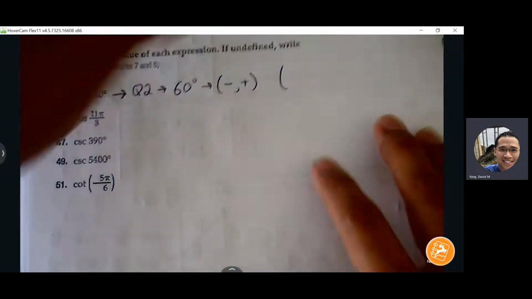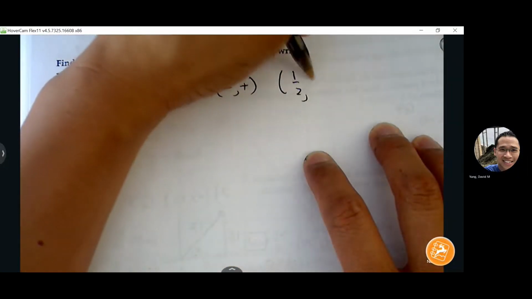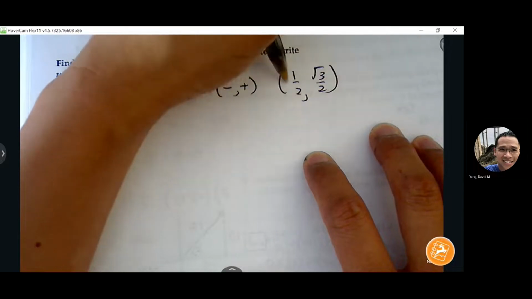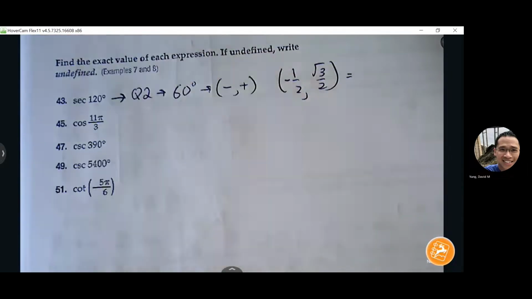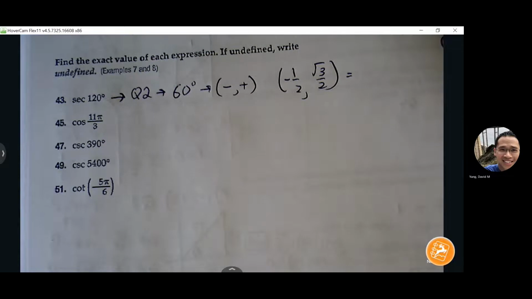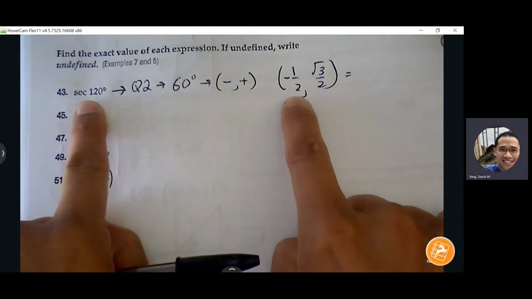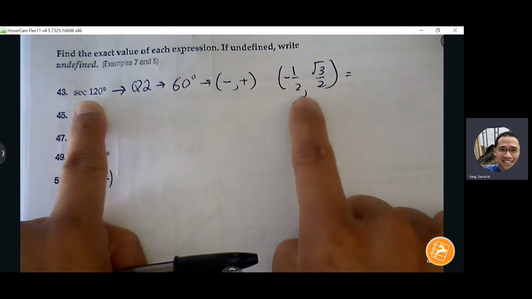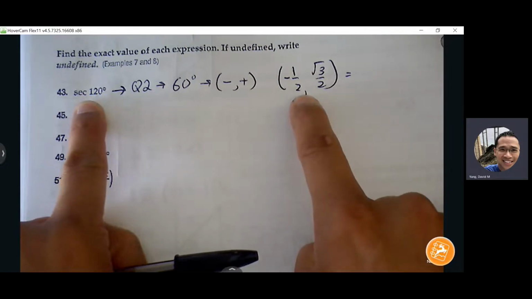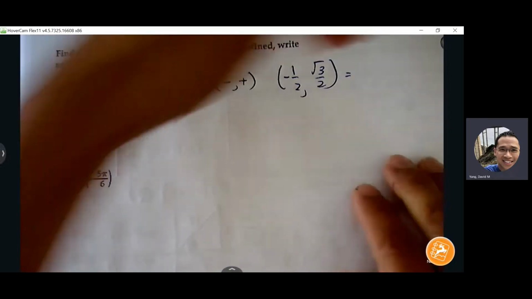Yeah, go ahead. Secant is related to the x because cosine is the x value. Secant is the reciprocal, so flip that.